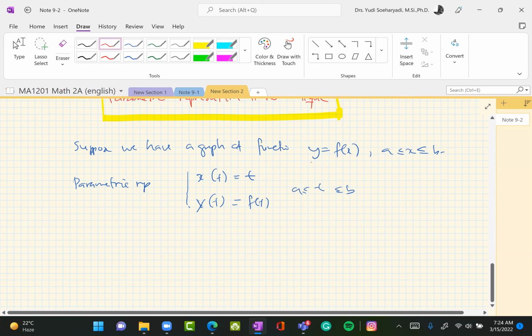Okay, so if you have a function's graph, then you can change into parametric form. Okay, but not the other way around.